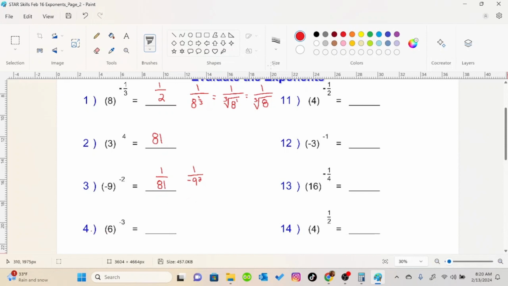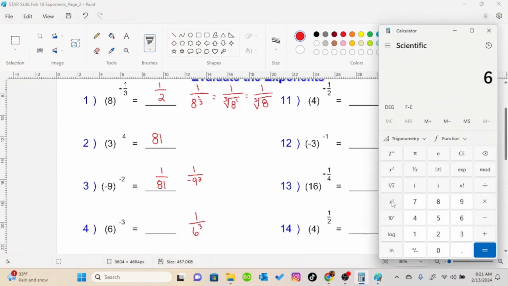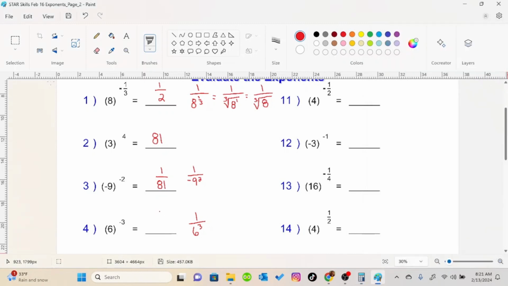Number 4, we have 6 to the power of -3. A negative exponent means 1 over, and 6 cubed is 216. So our answer is 1 over 216.